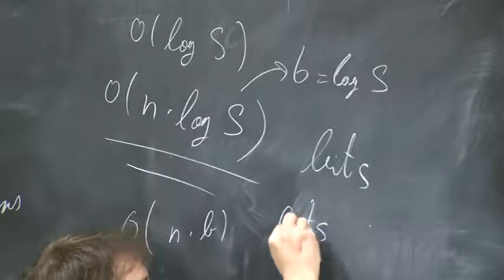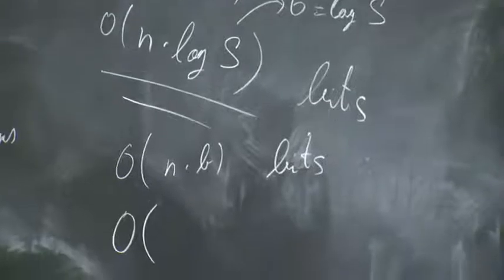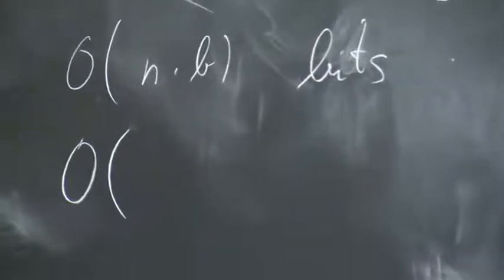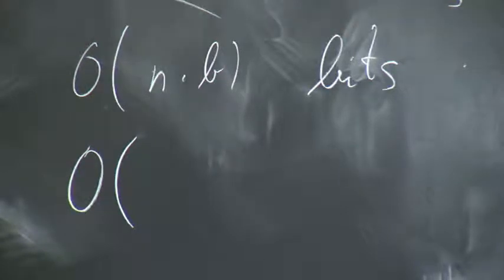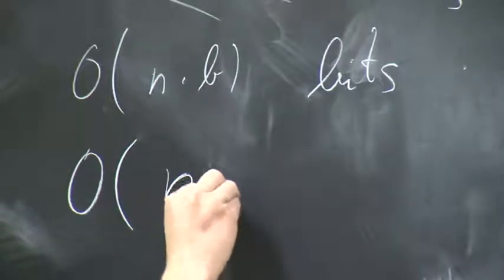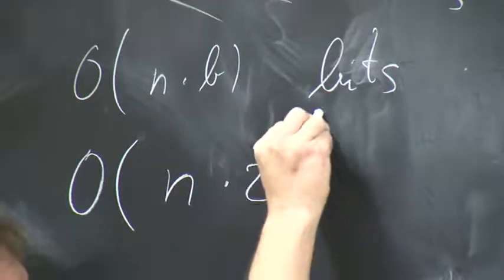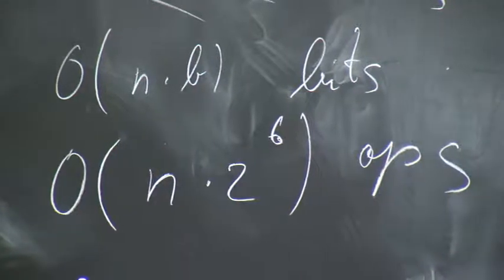Now what is the running time? Number of operations? Well then it's n times 2 to the b. Yep. N times s, and s is 2 to the b. So this is the problem.